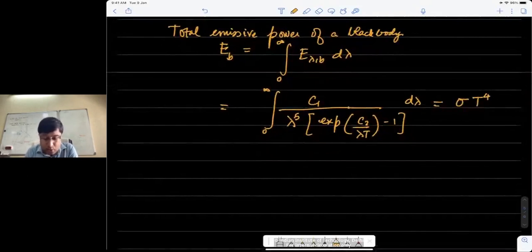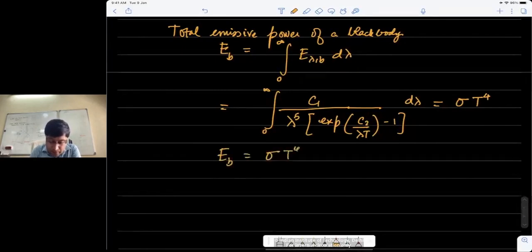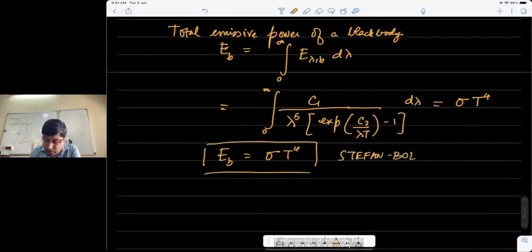But the point is that the total emissive power of a black body comes out to be sigma T to the power 4 because of this dependence, and this is what is called the Stefan-Boltzmann law. So E_B equal to sigma T to the power 4 is known as the Stefan-Boltzmann law. The reason it's called Stefan-Boltzmann's law is because Stefan was one of the first ones to derive it, and Boltzmann actually verified it a few years later.